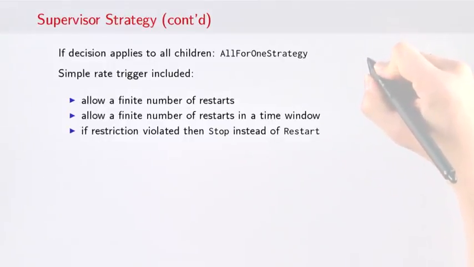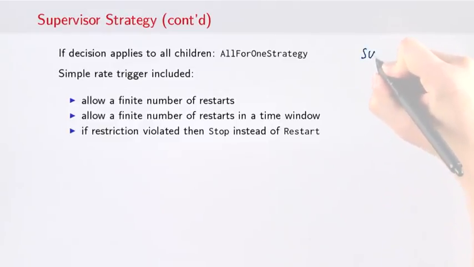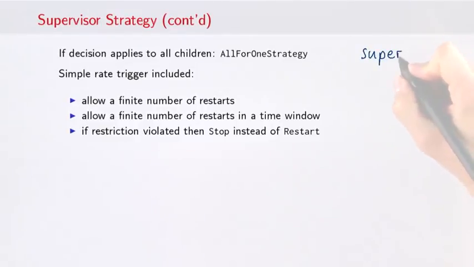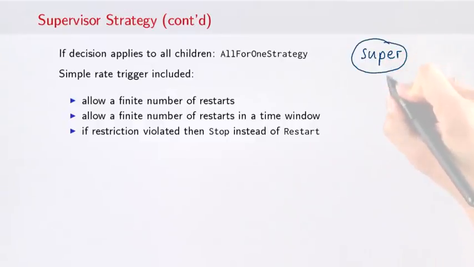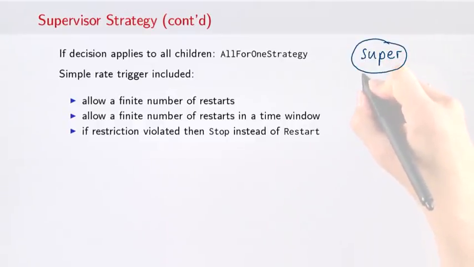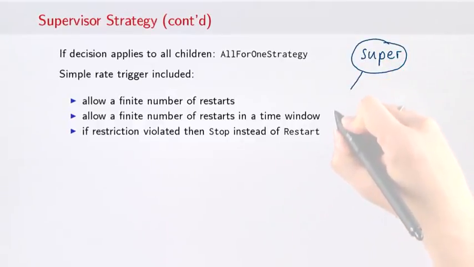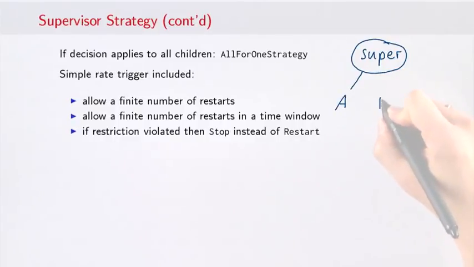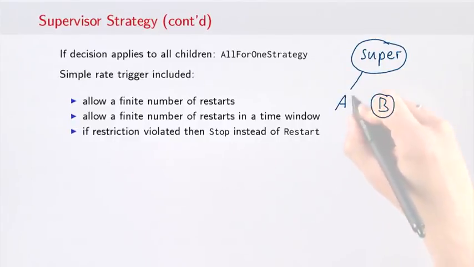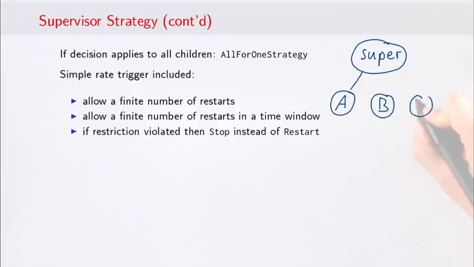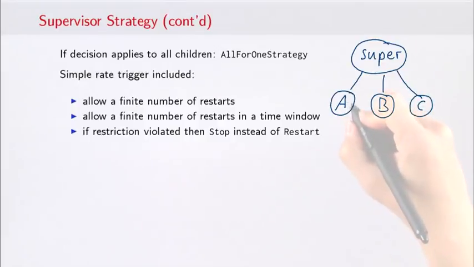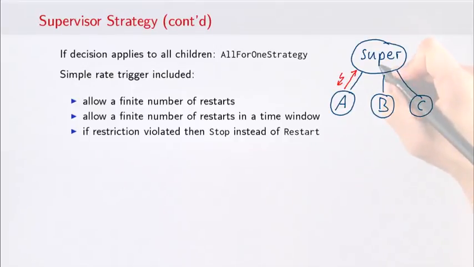We have a supervisor here who is just super, with 3 children, A, B, and C. Now, if A fails, so it will send the failure, the supervisor gets to decide what to do.